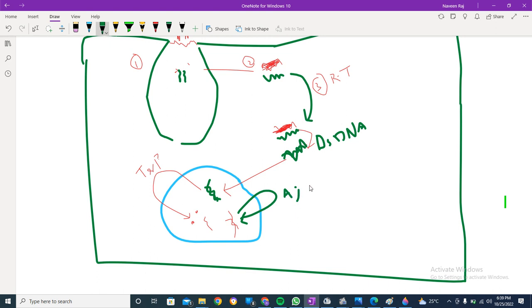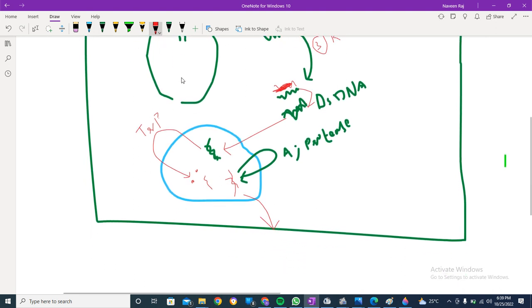In the assembling there is a protein called protease, which helps with the assembling.